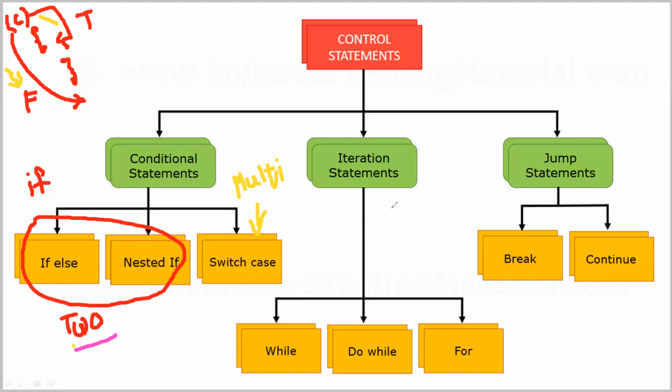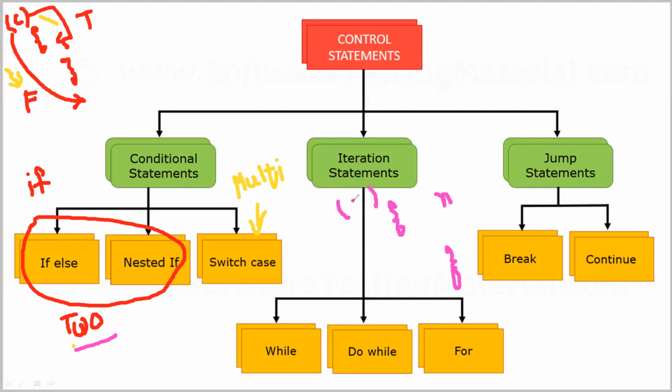And coming to the iterational statements. Iteration means repetition. For example, there is a block of code. If I want to execute this block of code n number of times, here I will have a condition.